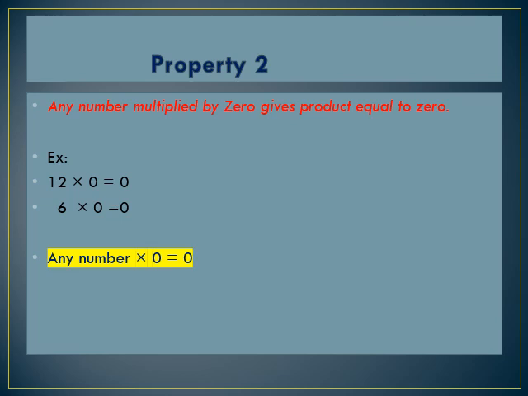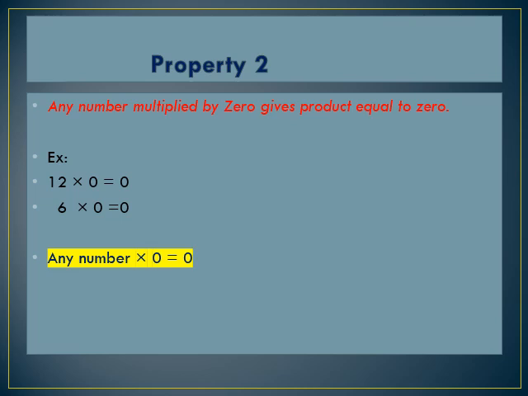Property 2. Any number multiplied by 0 gives product equal to 0.